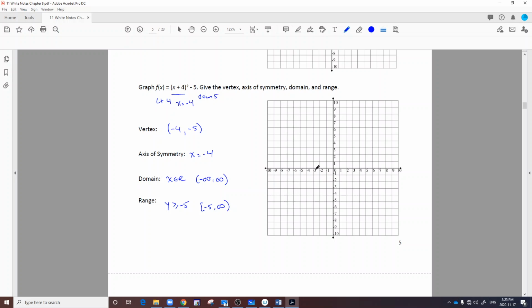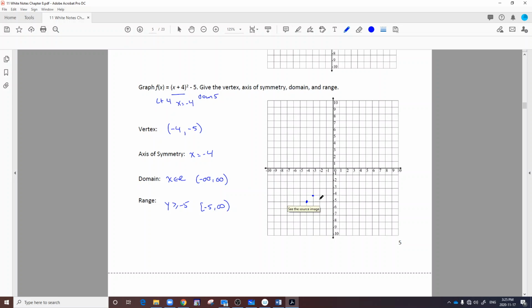So I'm going to start by graphing my point at -4 and -5. That's going to be my vertex. And again, check it. Plug in an x value of -4. Make sure then you're going to get a y value of -5. So if I put in -4, -4 plus 4 is 0, 0 squared is 0, minus 5 is -5. Perfect. Now from here, because I know the regular shape of a parabola, I'm going to go over 1, up 1.